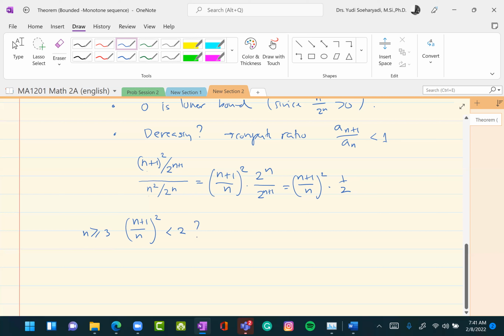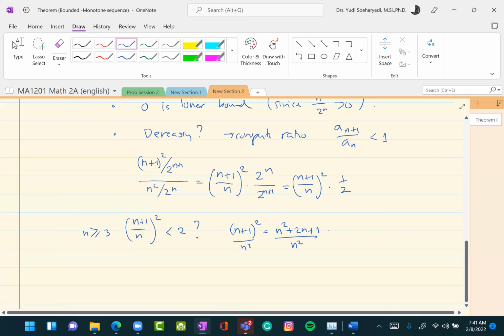Okay, so let's compute this one. (n+1) squared is n squared plus 2n plus 1, over n squared. And that is 1 plus 2 over n plus 1 over n squared. Is this less than 2?